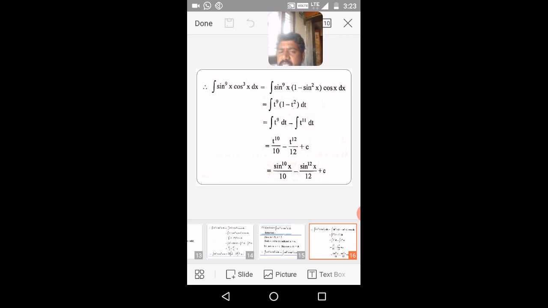By separating the integral symbol, you will get the integral of t^9 dt minus the integral of t^11 dt. So the integral of t^9 with respect to t is t^(9+1)/(9+1) minus the integral of t^11, which is t^(11+1)/(11+1), plus c. So finally it is t^10/10 minus t^12/12 plus c. Again you have to resubstitute the t value in terms of x.